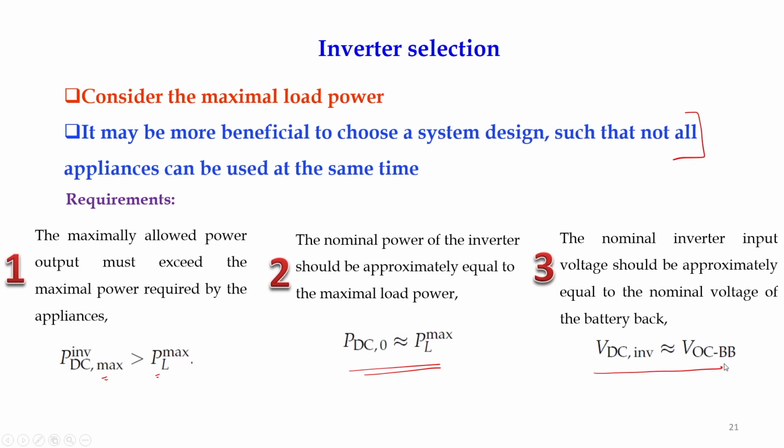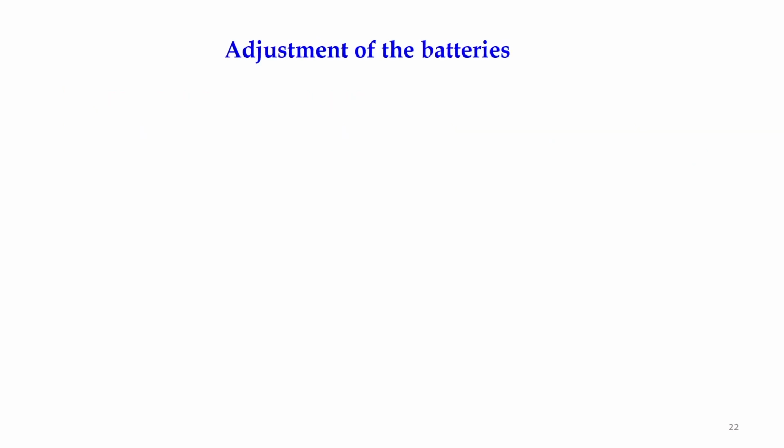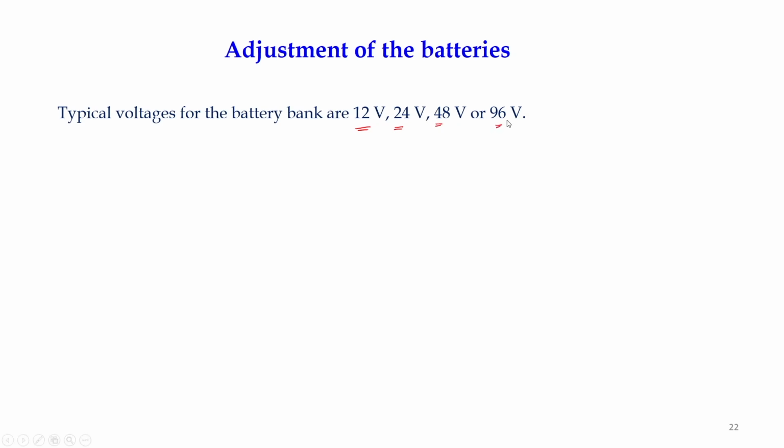So, these 3 concerns we need to keep in mind while designing an off-grid solar PV system in general and the inverter in particular. Now, let us see the adjustment of the batteries. Typically, the voltage for the battery banks is 12 volt, 24 volt, 48 volt, 96 volt.